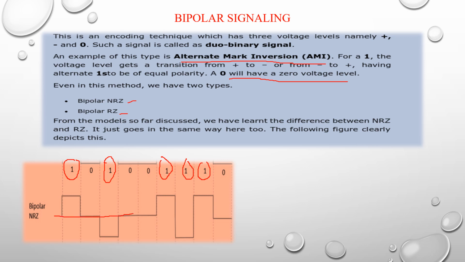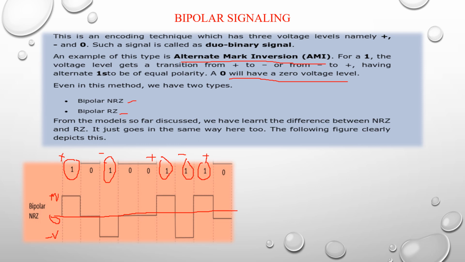This is the reference line, this is 0, this is the positive voltage level and this is the negative voltage level. The first 1 is the higher voltage value, the second is the lower or negative voltage level, the next is positive, the next is negative and the next is positive. So bipolar signaling is the alternate mark inversion, AMI, technique.